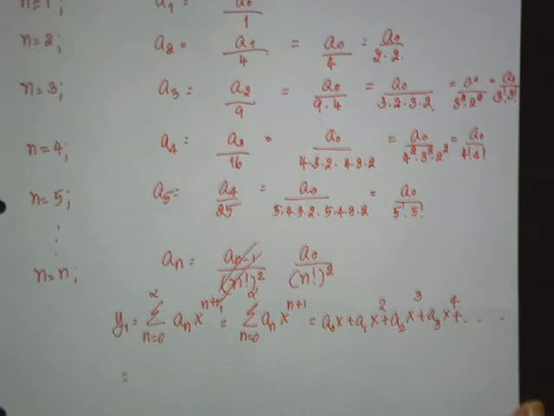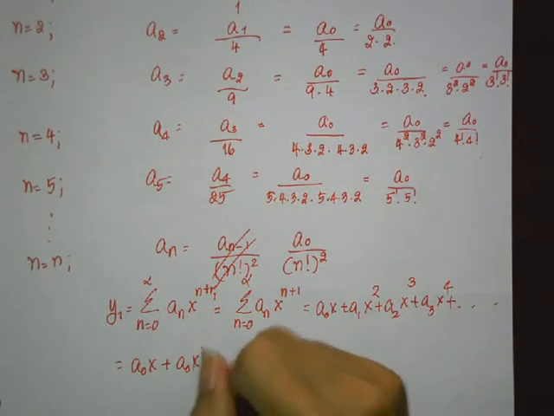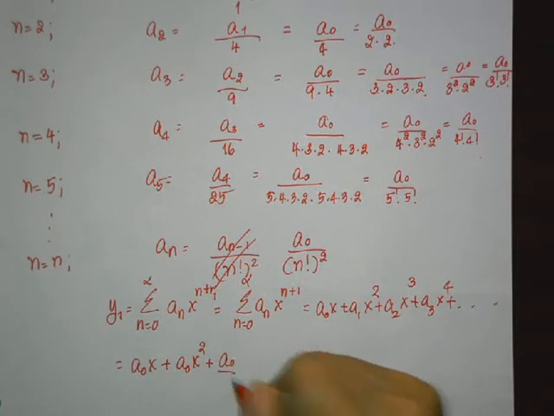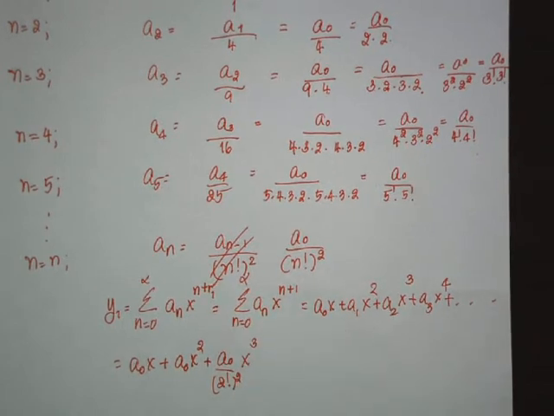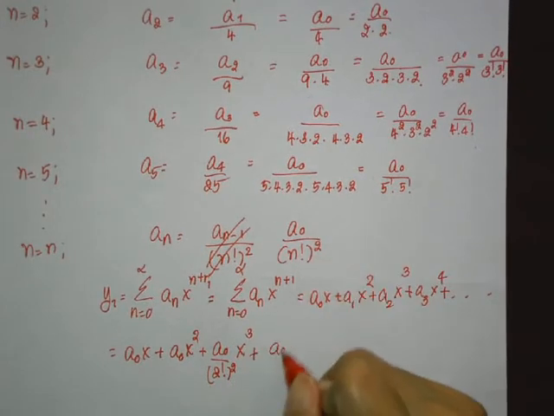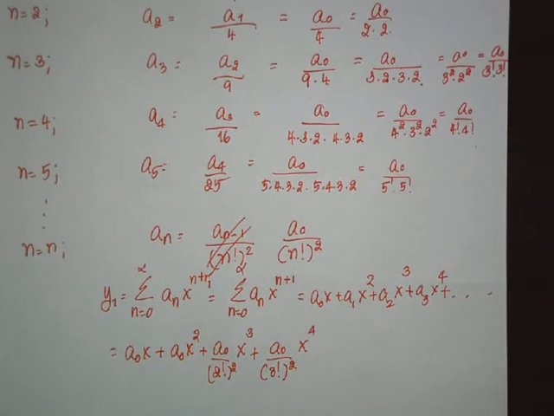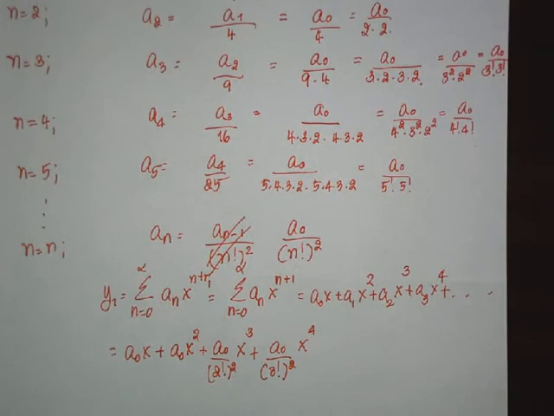And now our a0, we put it right there. a1 is equal to a0, and a2 is equal to a0 divided by 2 factorial to the power 2, and a3 is equal to a0 divided by 3 factorial to the power 2, and so on.